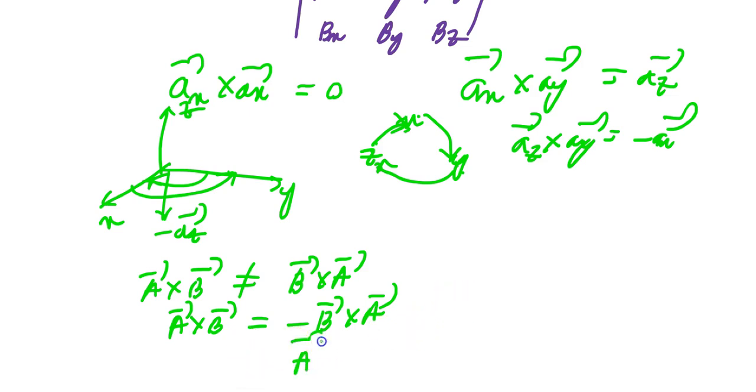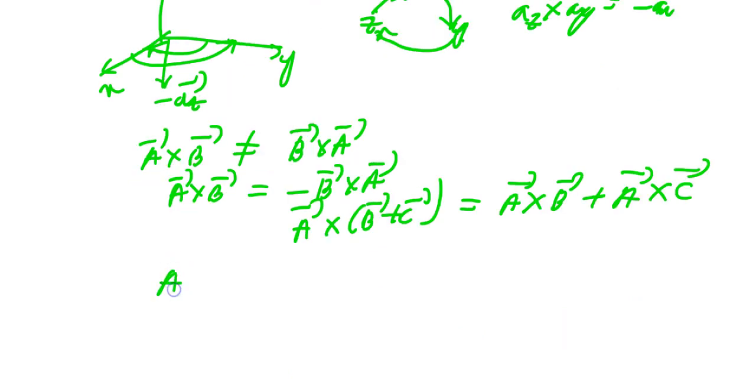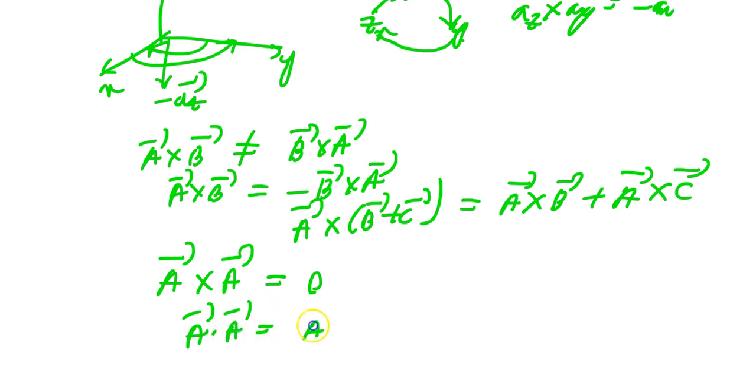That is, A cross (B plus C) is equal to A cross B plus A cross C. And you know, a vector crossed with the same vector is 0, and a vector dotted with the same vector A is magnitude squared.